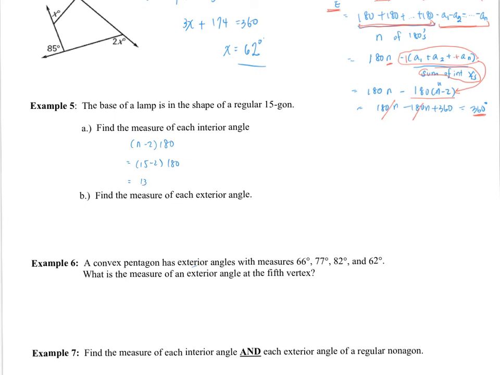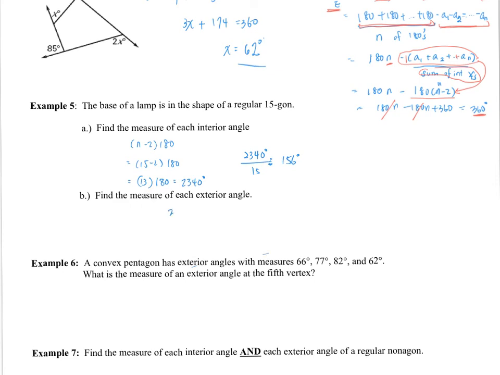That's 13 times 180 makes 2340 degrees, and since we have 15 sides, we just divide by 15. That gives 156 degrees.